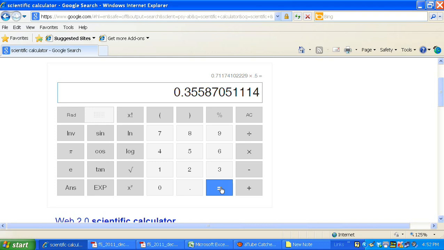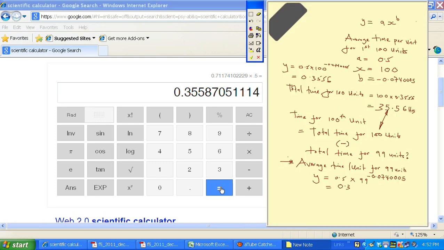So this is 0.3559. Let's round off to 4 decimal places.